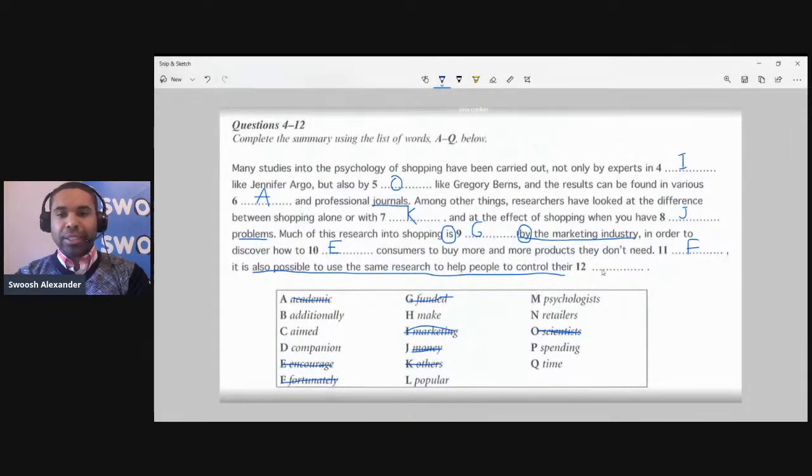Definitely, to control their spending would be for number 12. Fortunately, the intention of the research was initially to encourage more spending, but what the research can also be used for is to help them control their spending. So that would be the best word to use there.